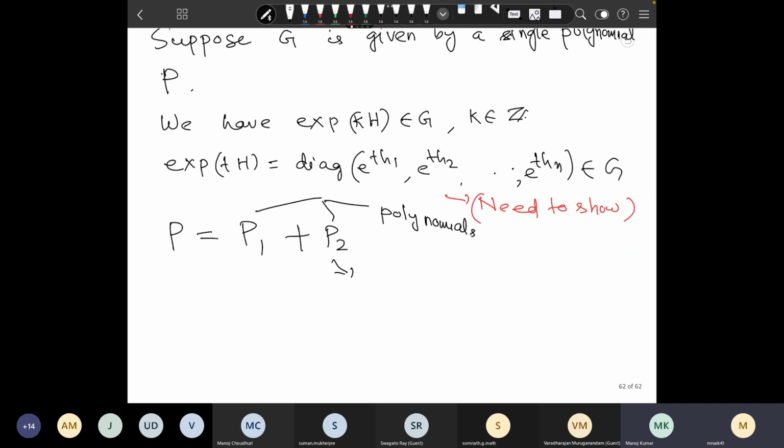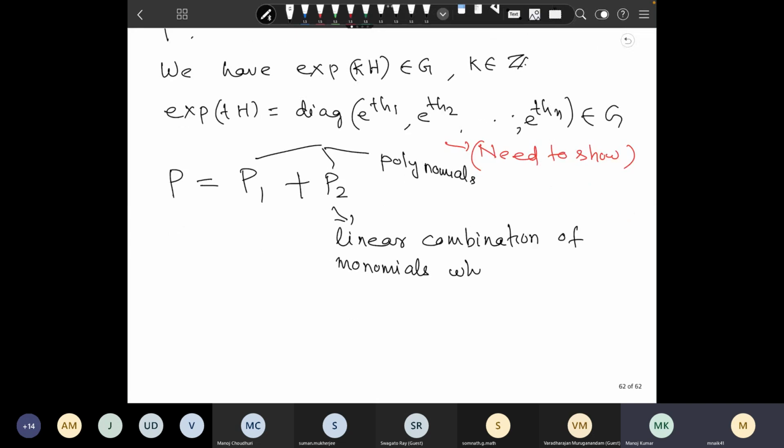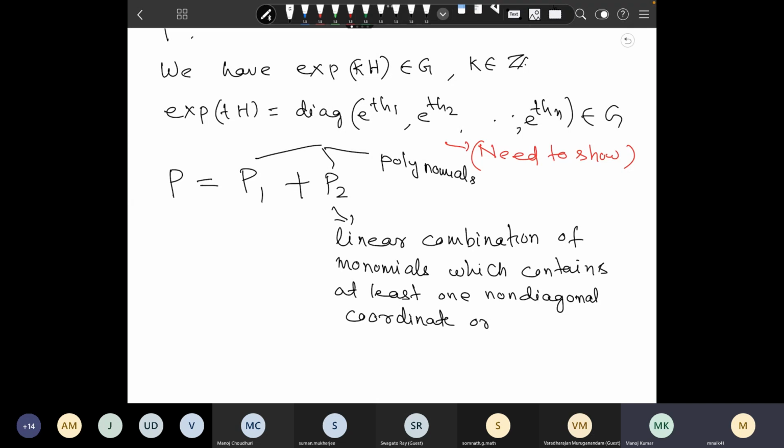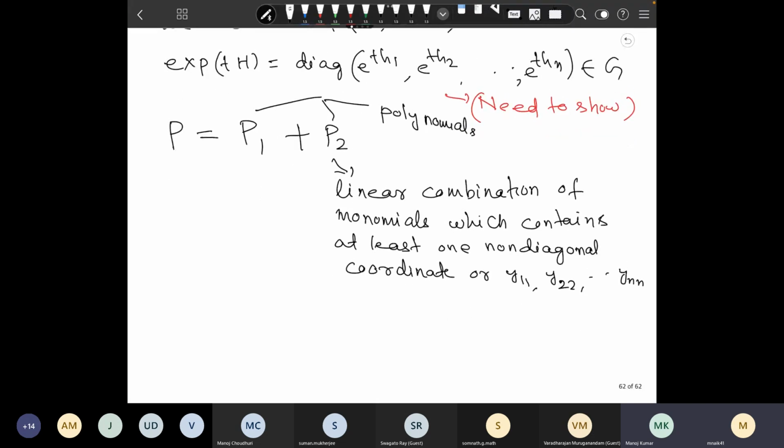P2 is a linear combination of monomials which contain at least one non-diagonal coordinate, or something like y11, y22, yn.